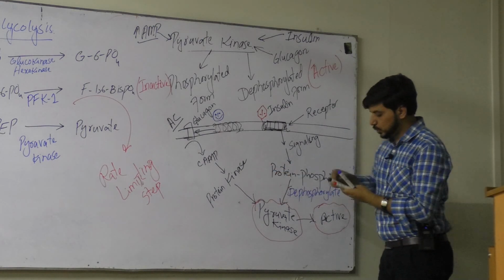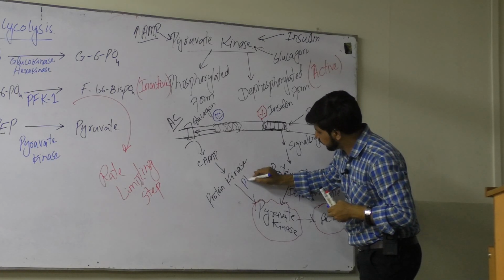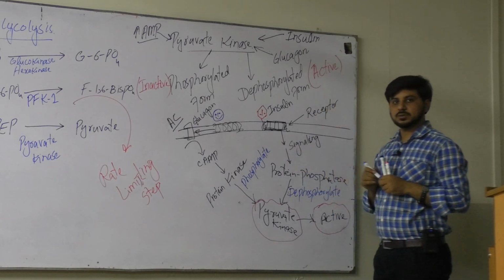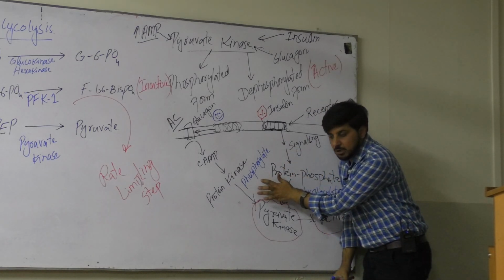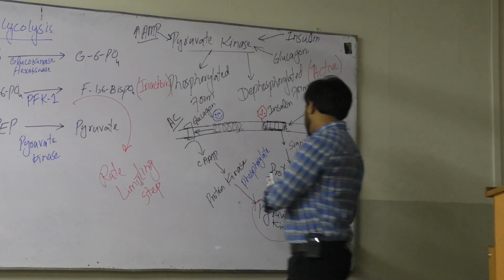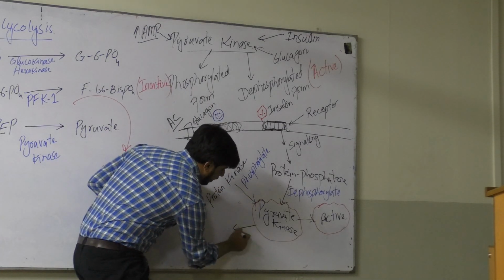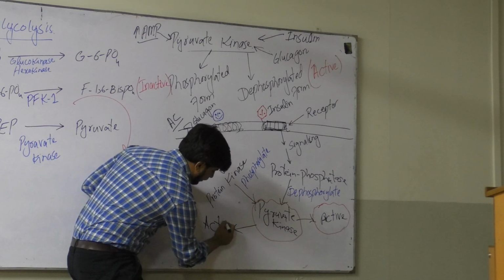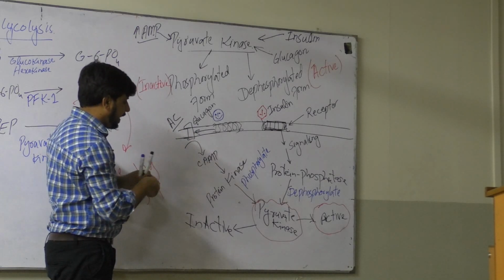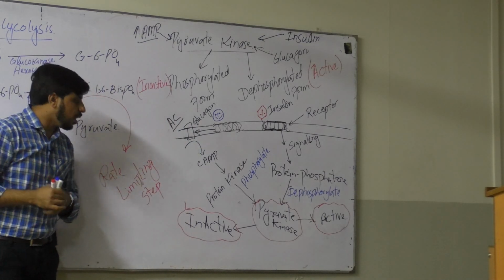What it will do is simply phosphorylate this pyruvate kinase. And when this pyruvate kinase is phosphorylated, it will become inactive. And when it becomes inactive, there will be no glycolysis.